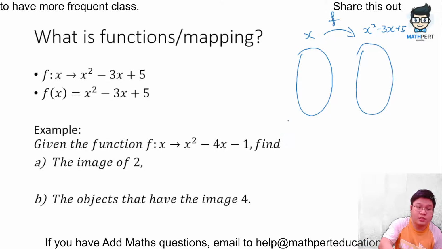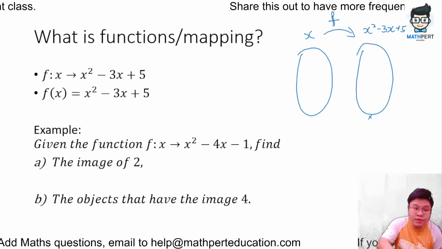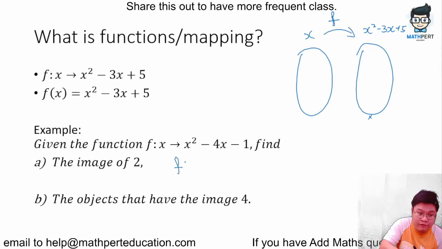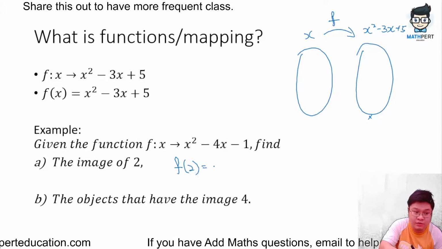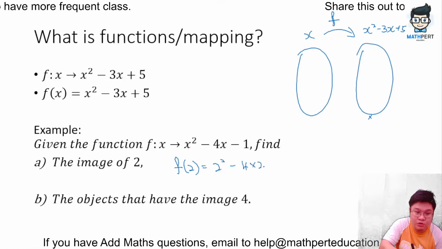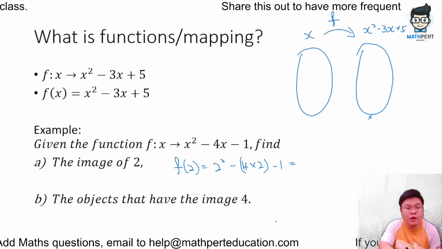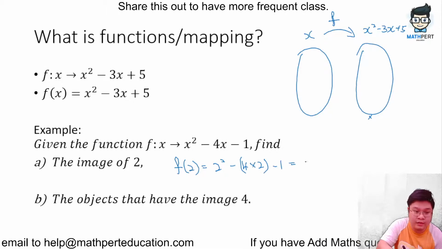Image is here, isn't it? So meaning say that the image of 2 means f(2) is equal to, we substitute 2 into x, which is 2 squared minus 4 times 2 minus 1. So 4 minus 8 minus 1, you get negative 5.